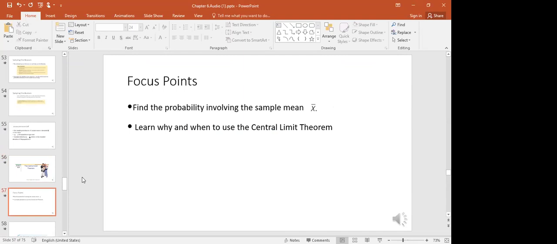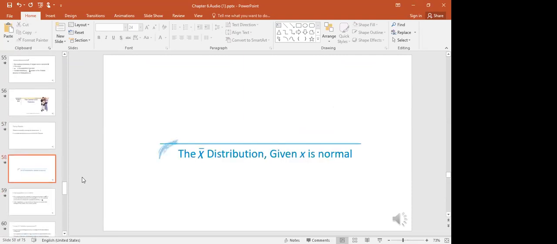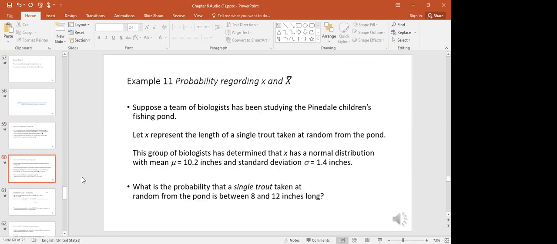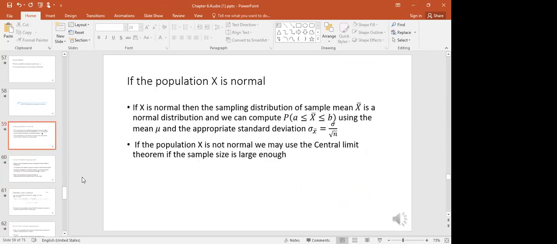When the population is normally distributed, the sample mean is also normally distributed. But if the population is not normally distributed, you will require the central limit theorem, which states that if the sample size is large enough, then the sample mean is approximately normal.